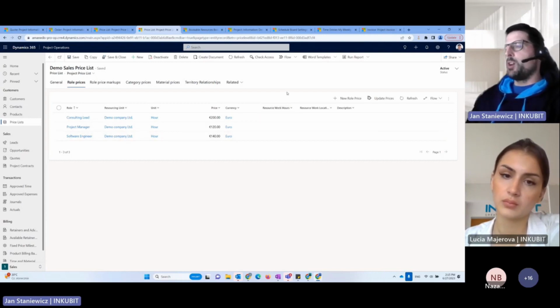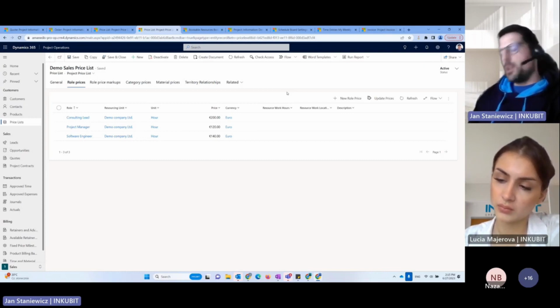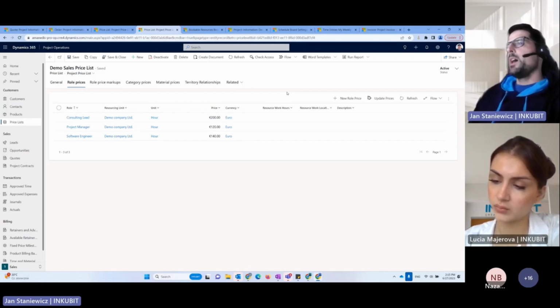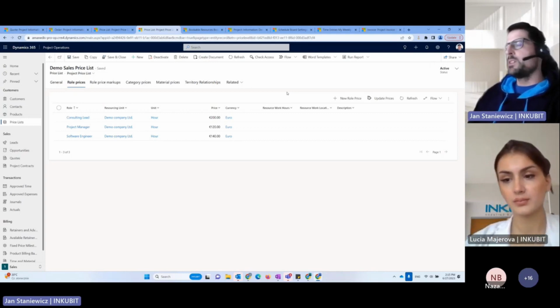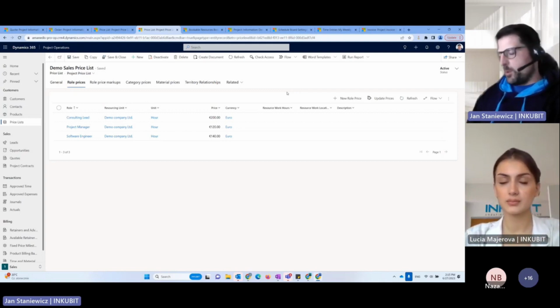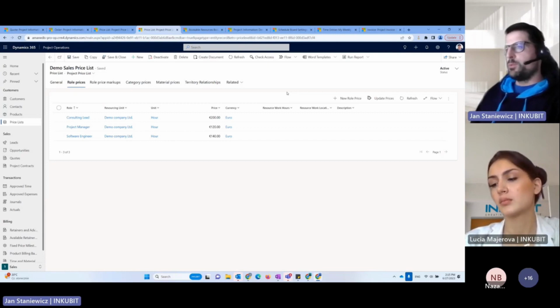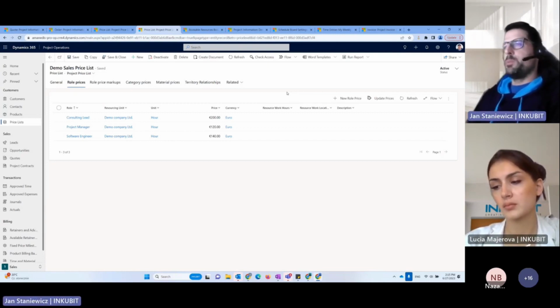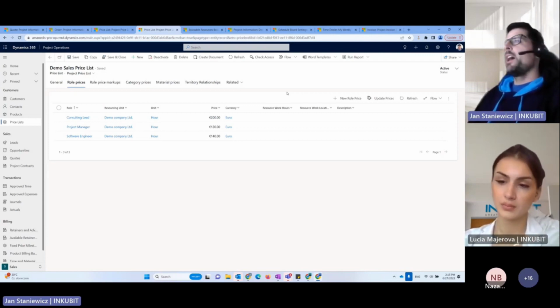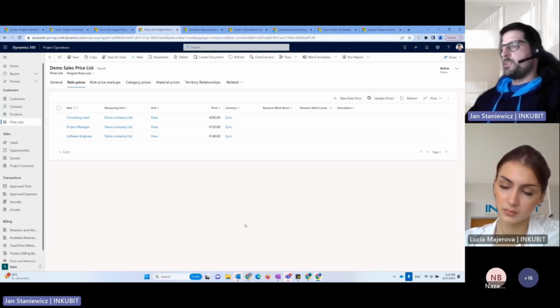If someone is doing overtime, then it might be more expensive. This is custom, so we are able to configure it for your organization depending on how you do it. It can be broken down on multiple levels to establish what price should be paid by the customer for each hour that is served.